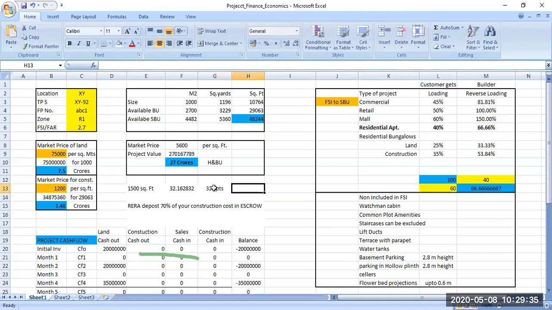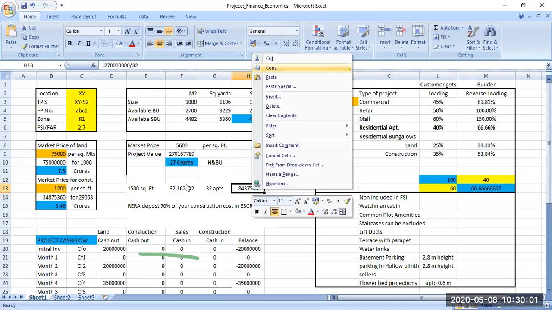And so the price for each apartment would be 27 crores divided by 32. And so one apartment is roughly 84 lakhs, 84.37. So I'll just copy this number and put it here.